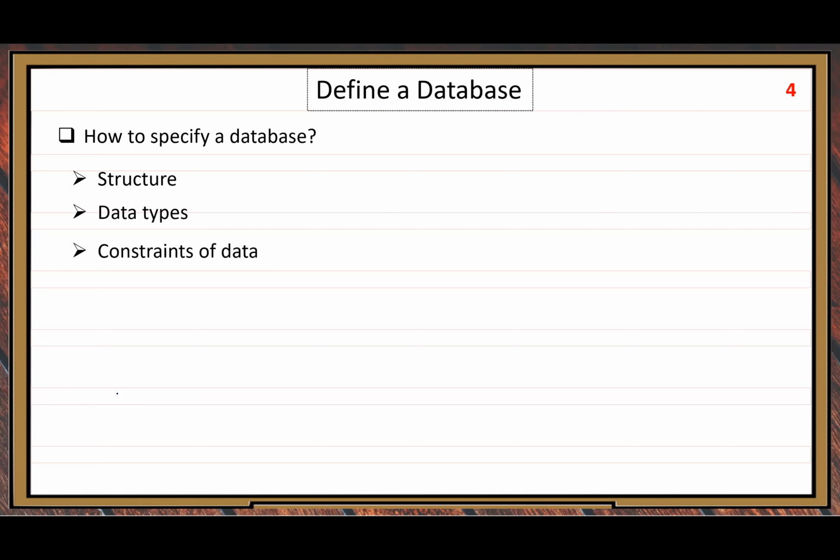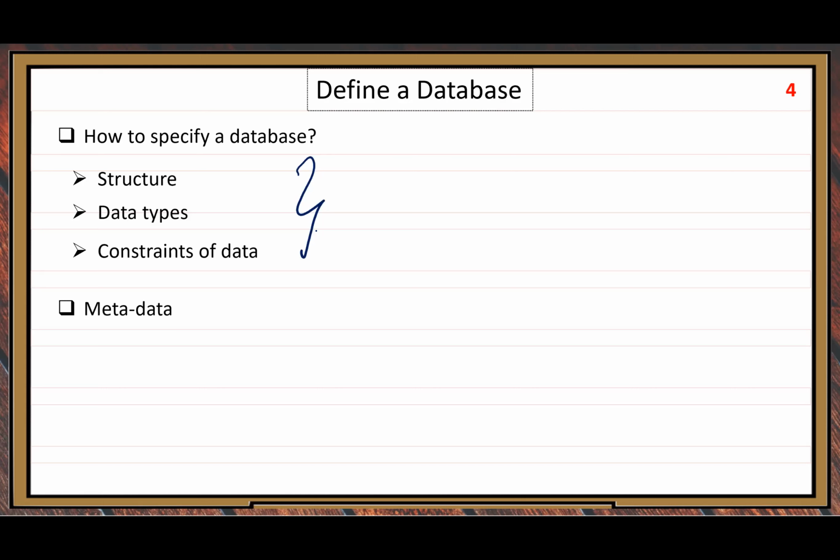Constraints of data, because you need to provide a range for your data. Many different constraints. Then metadata, descriptive data.